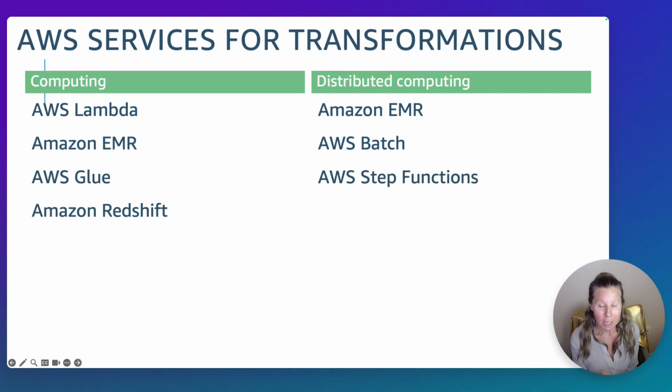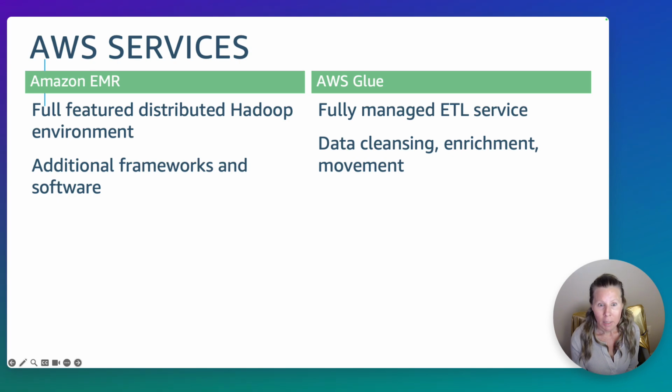Data preparation is a core component of our data processing phase. Services that can perform data preparation include Amazon Kinesis, Amazon EMR, and AWS Glue. For the exam, ensure you understand the differences between these services. Amazon EMR is a fully featured distributed Hadoop environment.